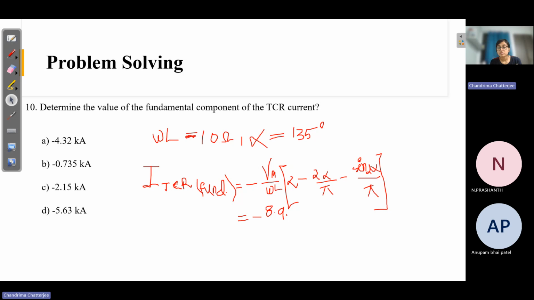So it is 8.98 by 10 here. But remember, you will have to take all the angles in radian. Here alpha and 2 alpha have to be in radian, not in degree.